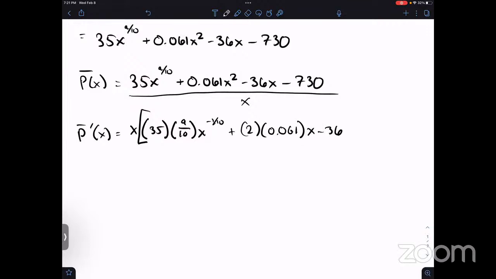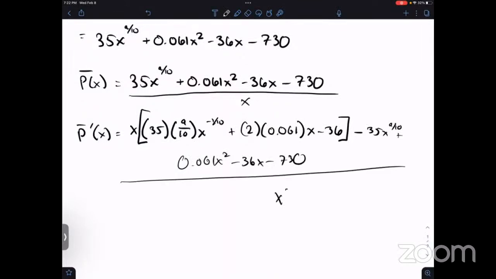So we say the bottom times the derivative of the top minus the top times the derivative of the bottom, which is a 1. So we have this 35 x to the 9/10 plus 0.061 x squared, 36x minus 730. Bottom times the derivative of the top minus the top times the derivative of the bottom, all over the bottom squared.